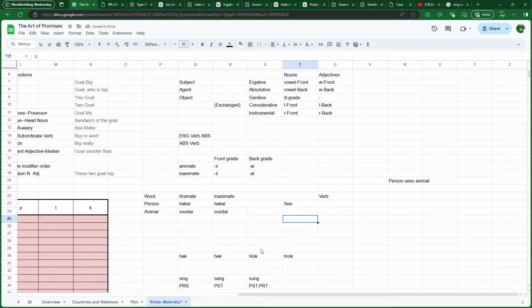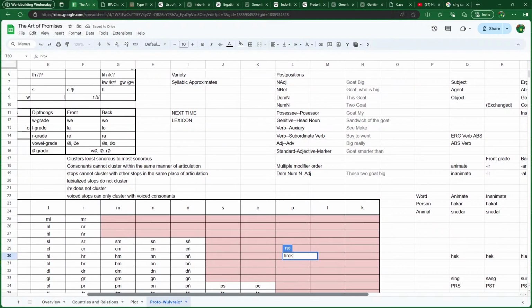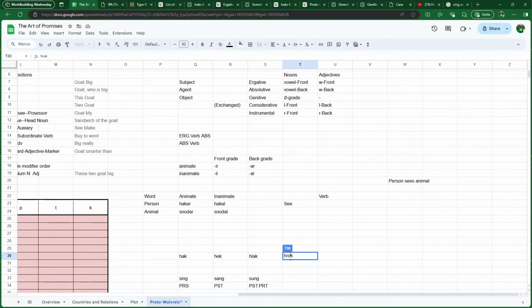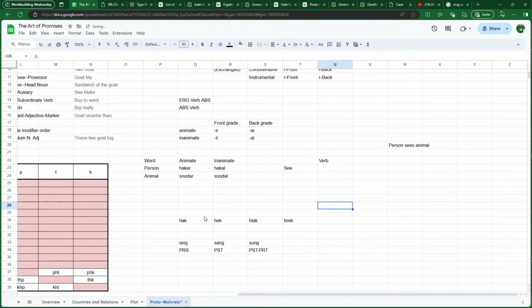These are all front, sorry. Clock. And then prick. Oh, look at that. We got it set up. So hock, heck, clock, heck.